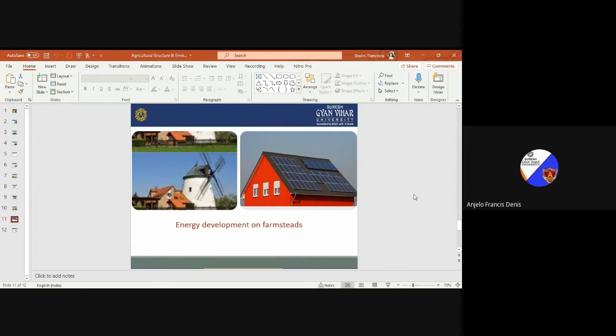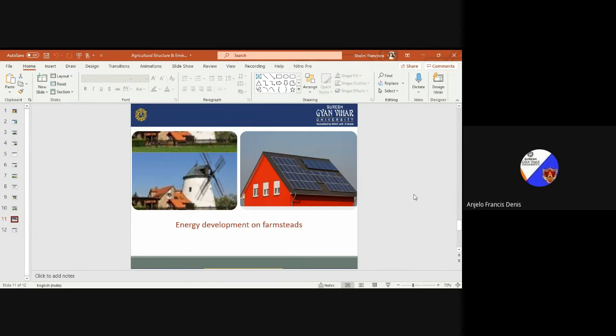There is also a very important aspect: within the farmstead or within any operational farm, we require a huge amount of energy. So energy generation aspects should also be explored at the planning stage itself.